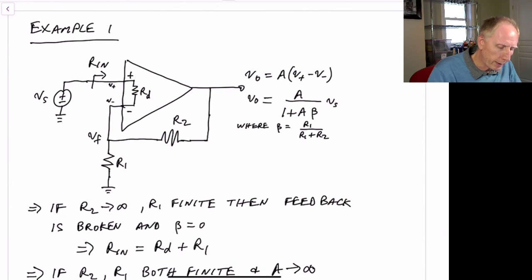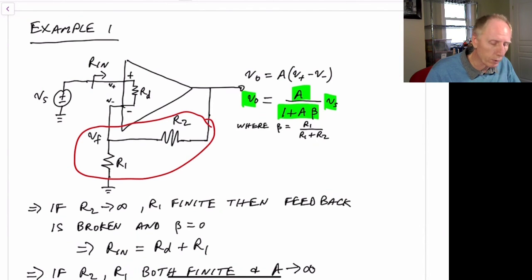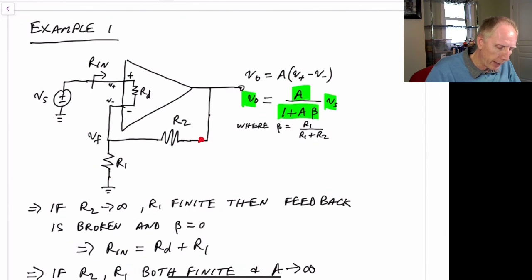We also know from feedback that the output is equal to A divided by 1 plus A beta times Vs. In this case, beta is given by this passive circuit here. It's just a resistor divider between this node and Vf, and we see that beta is given by R1 divided by R1 plus R2.